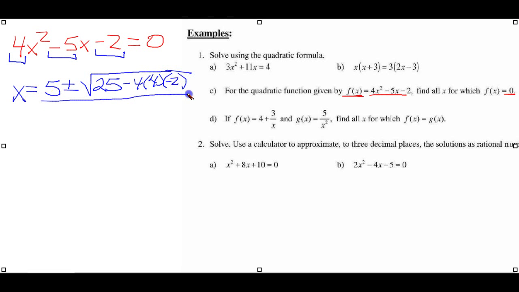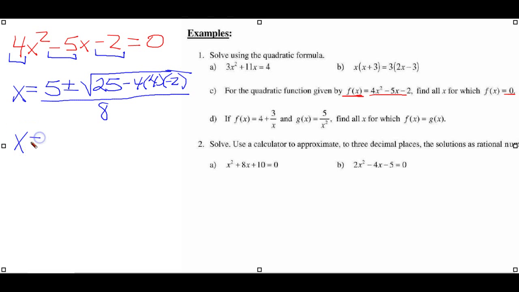And that's all over 2a, which is 8. Now again, if you have to, put more information in there, that's okay, but after a while you can shorten it to something like this.